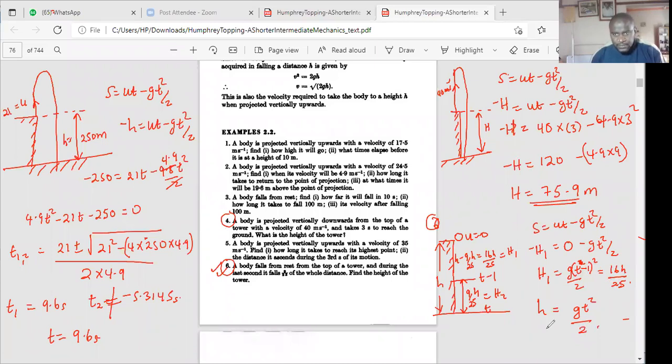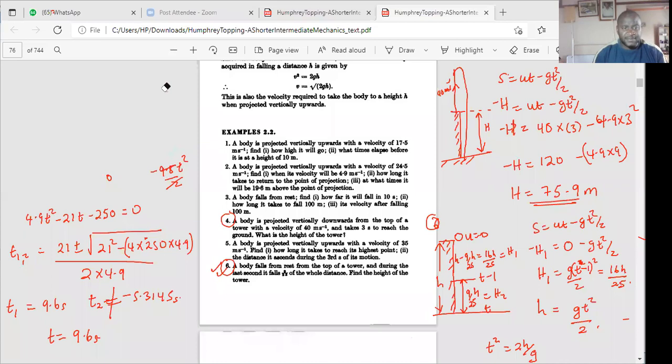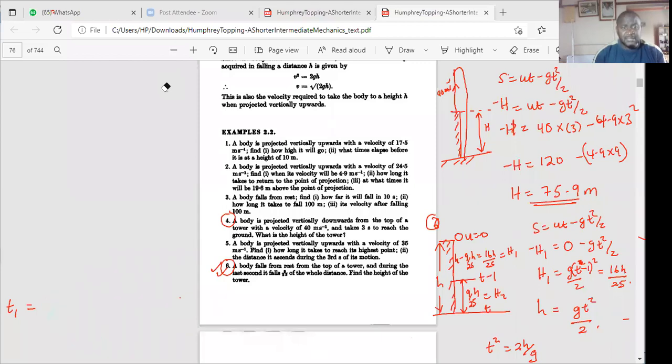Therefore, one can make t the subject as t squared is equal to 2h over g. So when you realize this, you can be in position to substitute and simplify. The reason why I first looked at some of these numbers is that they require some critical thinking, and they require you to have all the definitions of vertical motion.